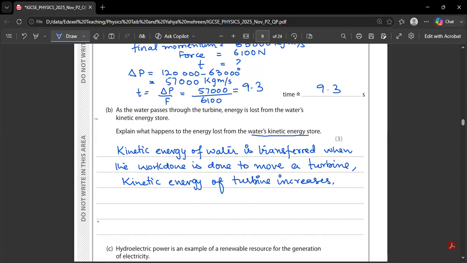Is this clear? Kinetic energy of the turbine increases, and then what will happen?